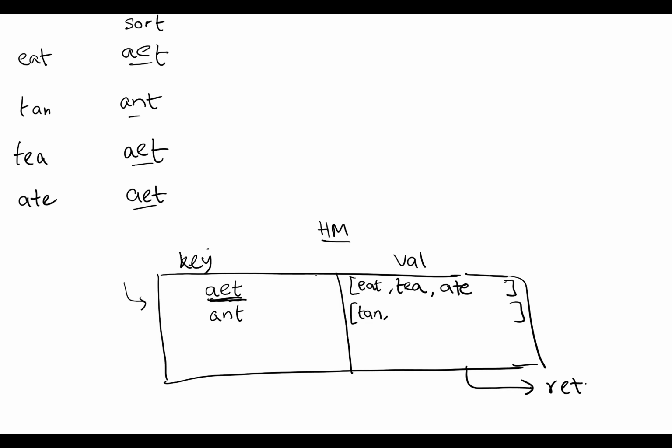If that is the case, then the sorting takes order of k log k, right? And then there are n words, n input words. So in total, it's going to be order of n k log k, right? So this is the time complexity of this algorithm.